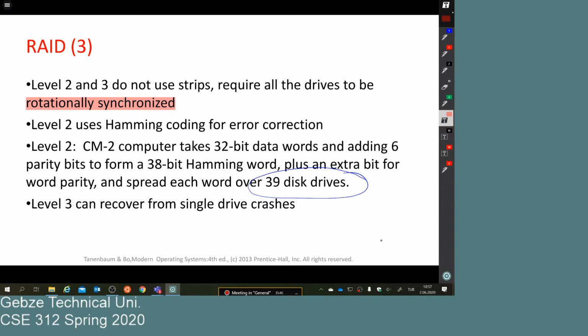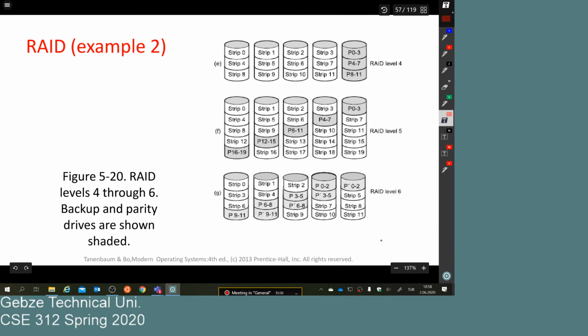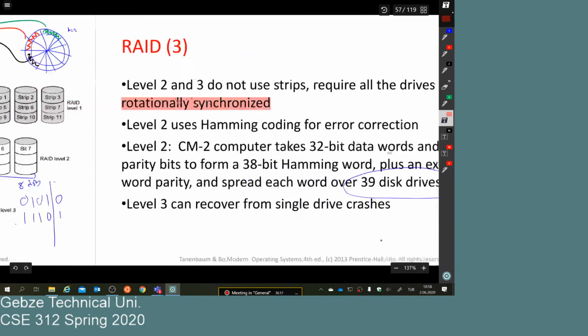Okay, so let's continue with our other RAID configurations. This is for RAID level 4, 5, and 6. Again, these are not using bits. They are using strips. They don't have to synchronize the hard drives rotationally. The RAID level 4 idea is kind of the same as RAID level 3.